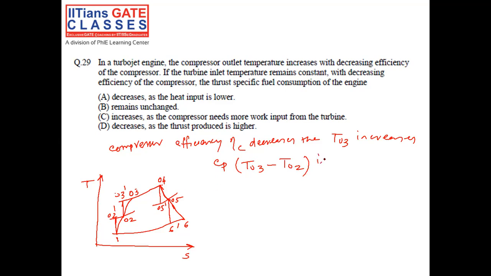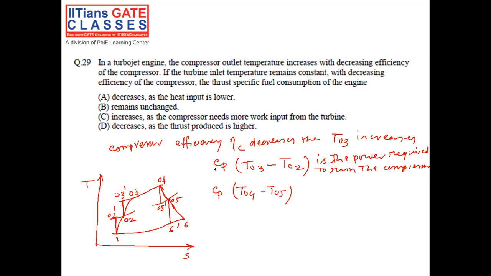So this is the power required to run the compressor, and the power produced by the turbine is Cp times (TO4 minus TO5), and it has been given that TO4 is constant.